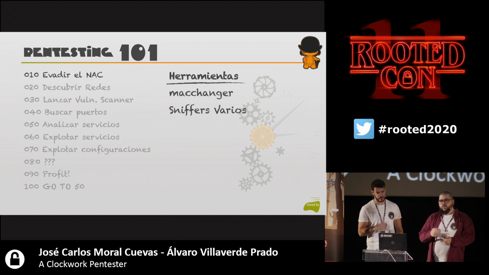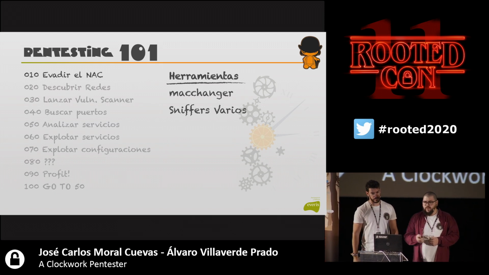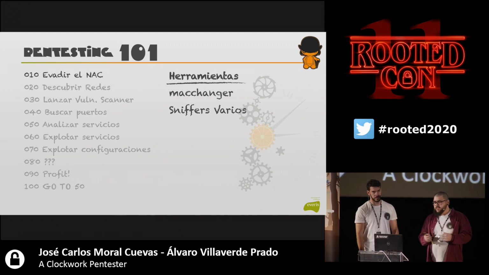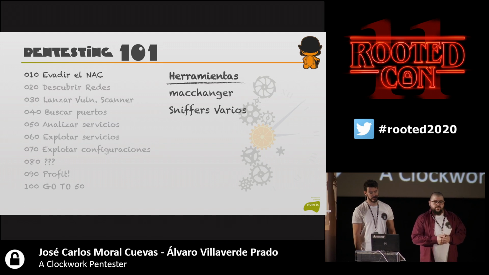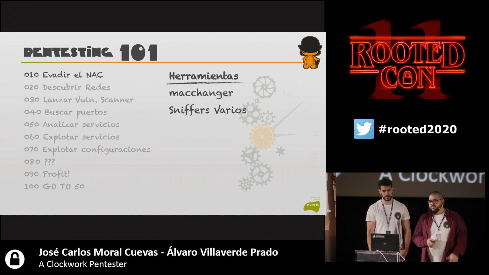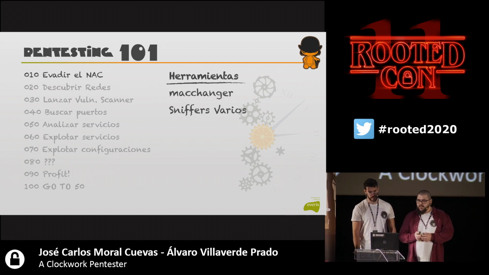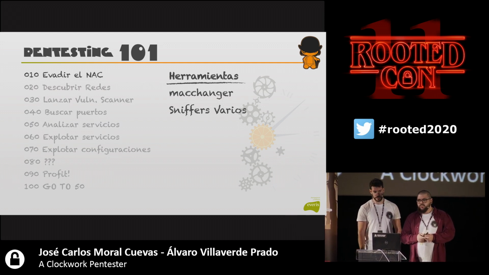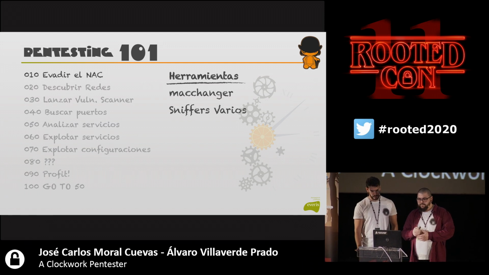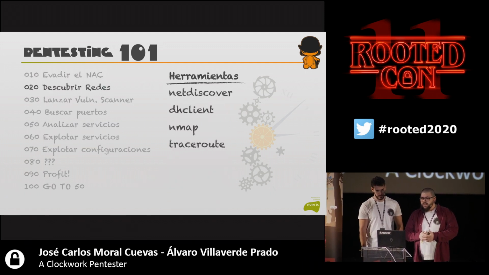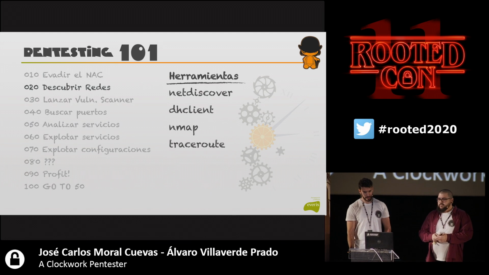So first of all, we would start by evading or bypassing the access control through several tools such as Macchanger or several sniffers to capture the authentication negotiation packets, and then to implement replay attacks or to decipher them.